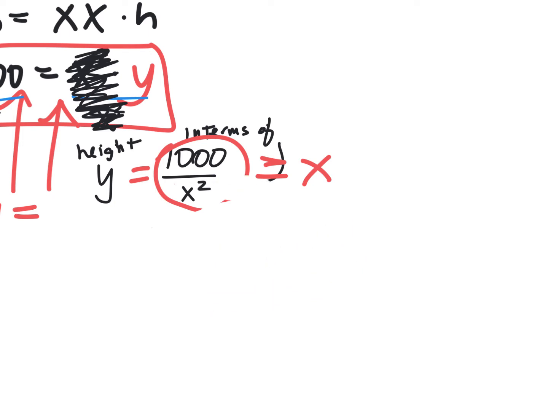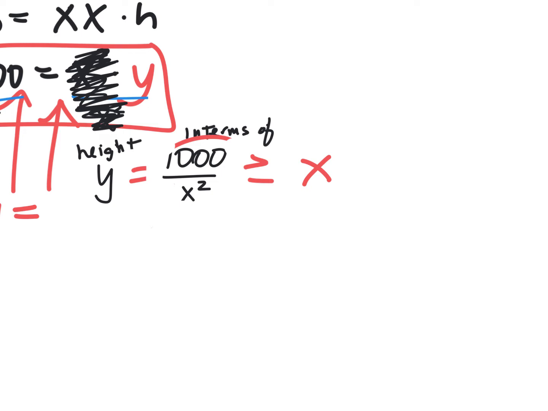Now, do you get that this looks a little bit like the problems I've been having you do where we go, okay, let's clear the fractions? But can you clear the fractions when you've got a greater than or equal to in there?